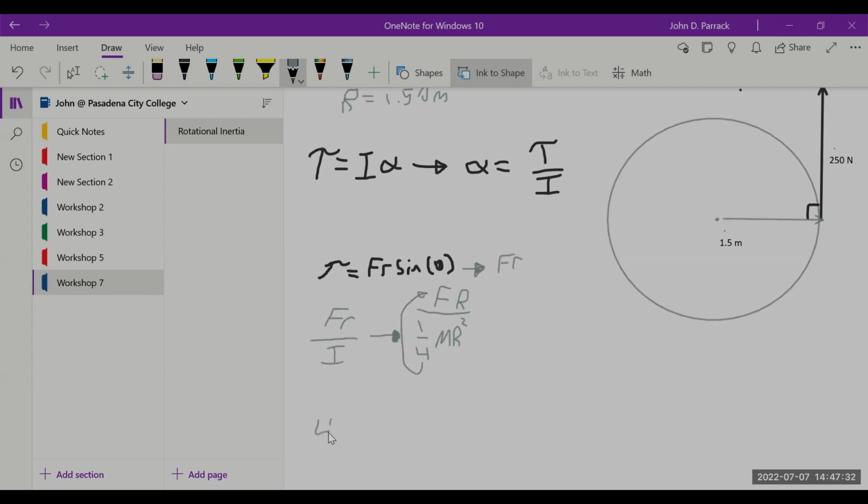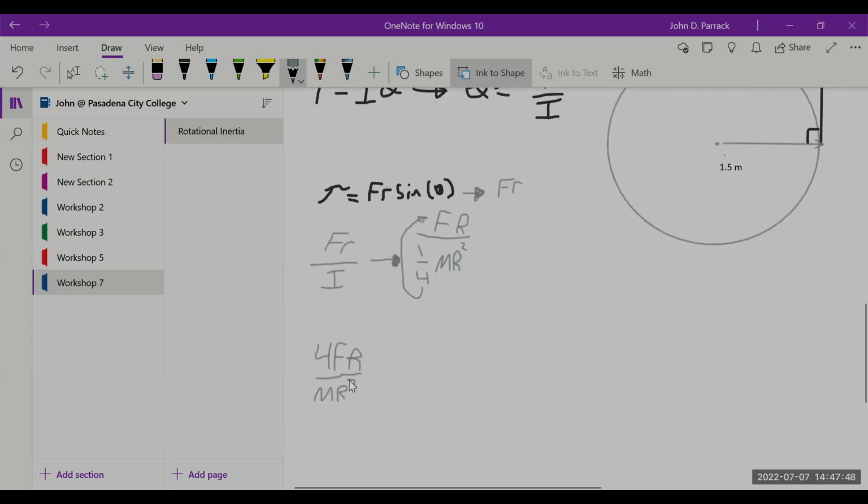So let me put 4F divided by MR. And let's just show, we've got 4FR, 1 R on top, 2 R's on bottom.